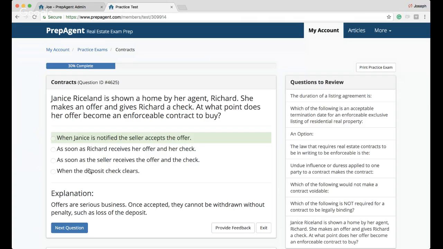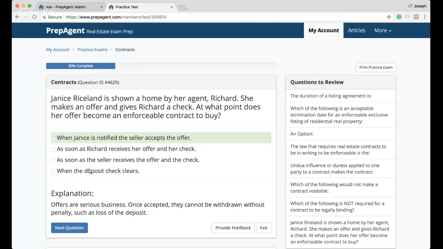When does it happen? Okay, so a lot of people get this wrong. It's actually a 3-step process. I make an offer, you accept the offer, and the acceptance has to be communicated back to the buyer. That's a very tricky one people get wrong.